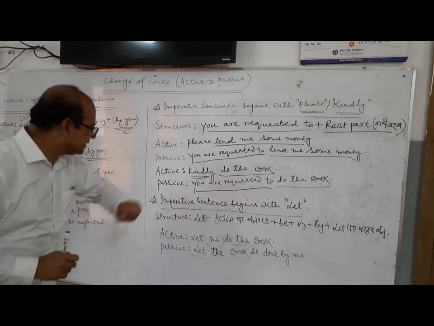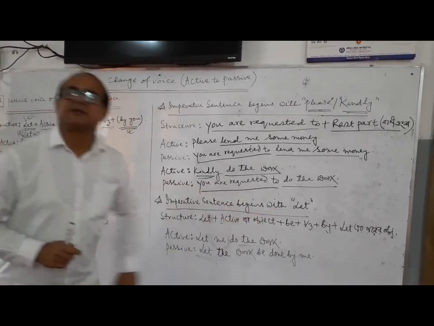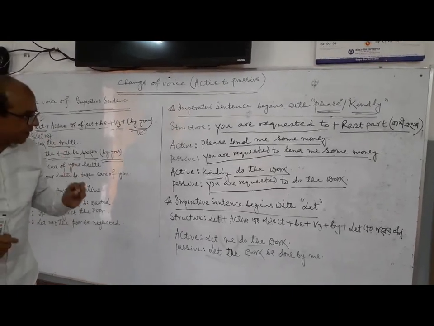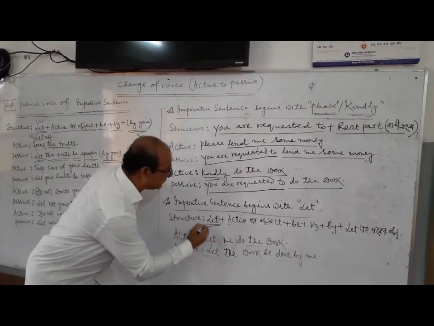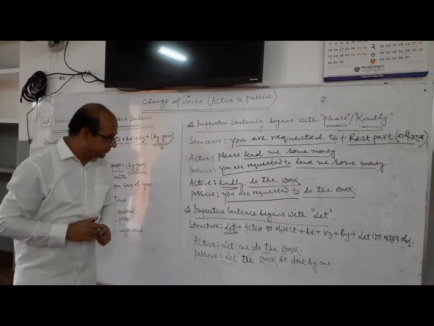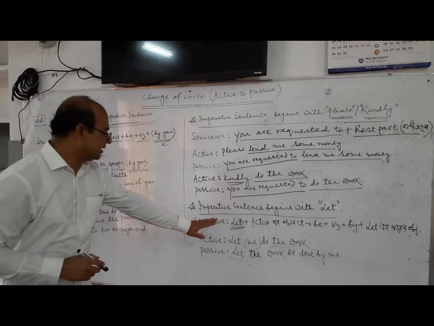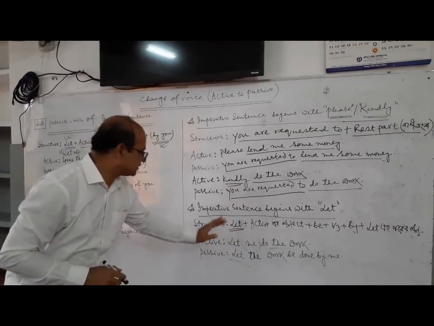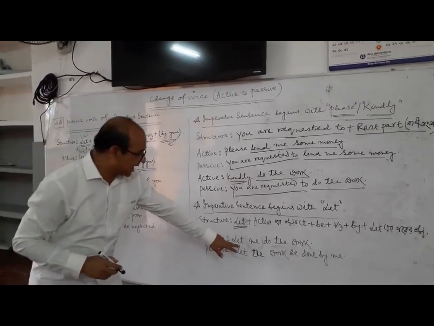Another type of sentence, that means an imperative sentence that begins with let. If in any imperative sentence let is given at first, how will you change it from active to passive? I have also written here a basic structure regarding this sentence. That means here at first you will write let.